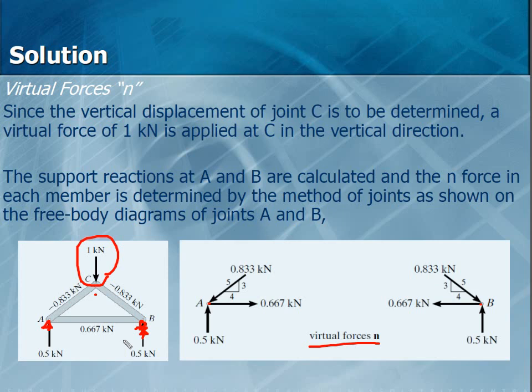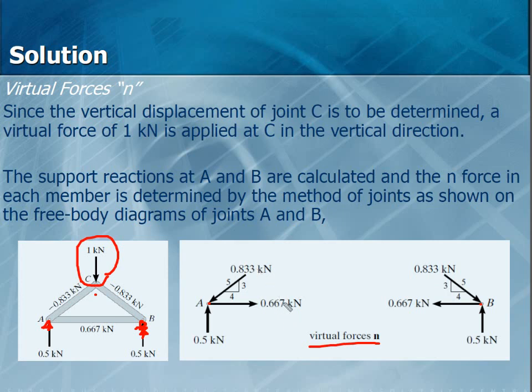Can I assume them reversely? Yes, but I have to do it the same way for both calculations. You have versatility, but you have to know what you're doing. You can assume tension is negative and compression is positive, but you have to assume the same thing for the other calculation, for the real load.